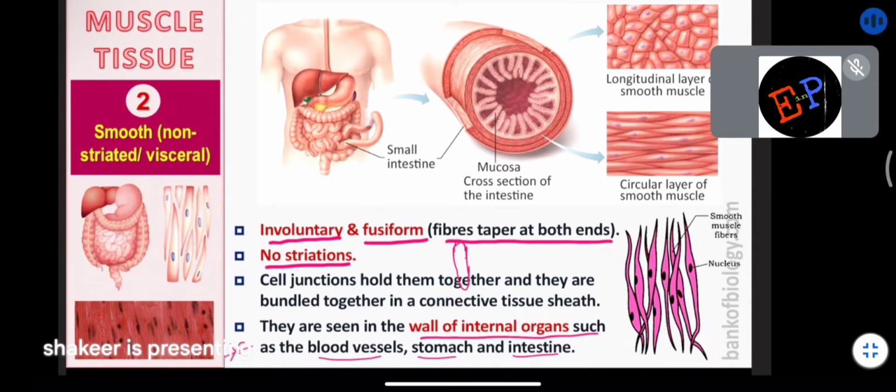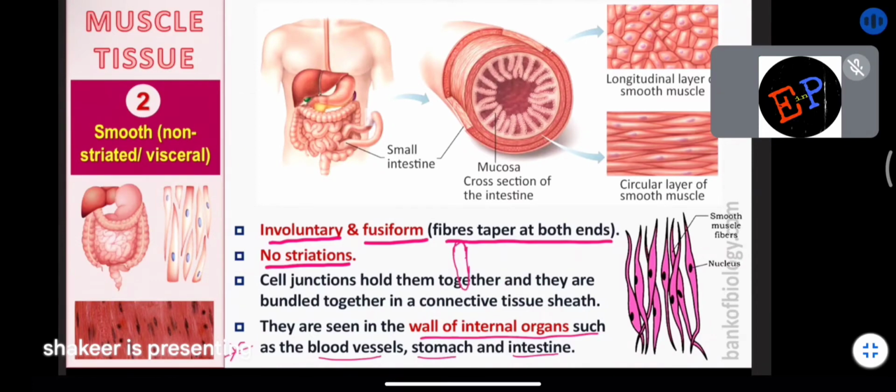So where can you find these non-striated or visceral muscles? In the walls of internal organs such as blood vessels. But the inner layers of blood vessels, they are made up of what? Blood vessels means veins as well as arteries.